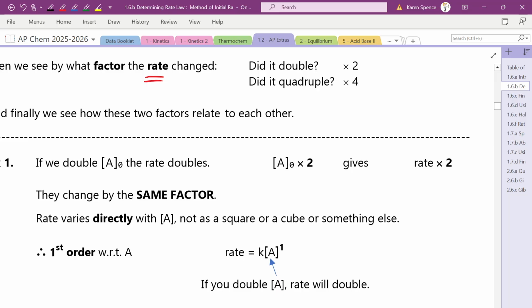So if I double the initial concentration, and I also get the rate doubling, what's our exponent? These are the same, and that means our exponent is 1.